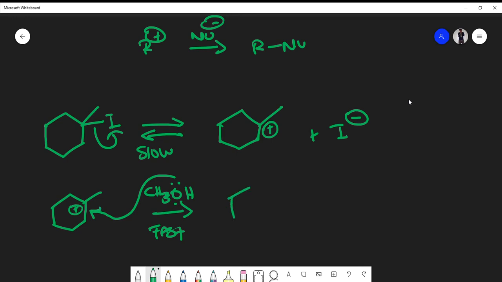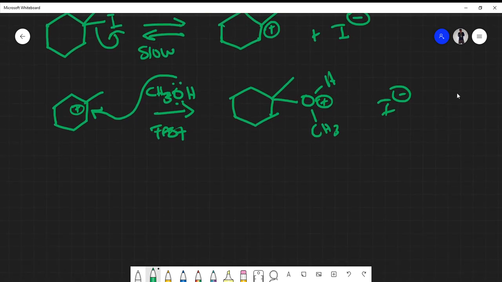And essentially, we get something that looks like this. There's our methyl group, nothing changes. Now we have an oxygen that has a hydrogen and a CH3 on it. Now you should notice that here's my iodine, it's still in solution, it's negatively charged, but oxygen with 3 bonds has a positive charge. So notice that we're also conserving charge.